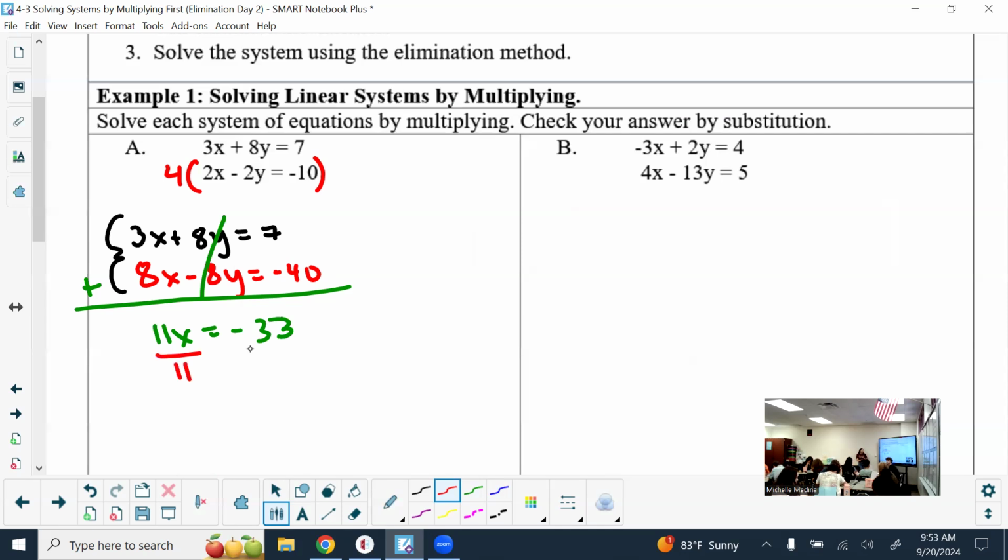So when we divide each side by 11, that's why we like elimination. It makes it easy to solve for the first variable. It's still pretty easy to solve for the second one though. How do I solve for the y now? Plug it back into one of your original equations.